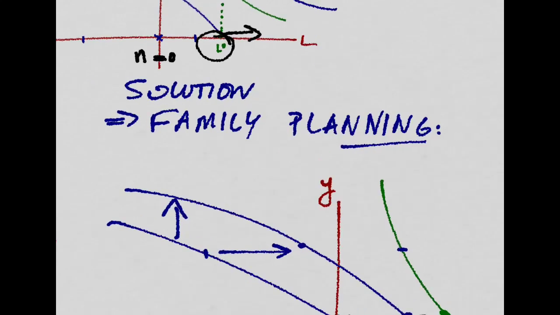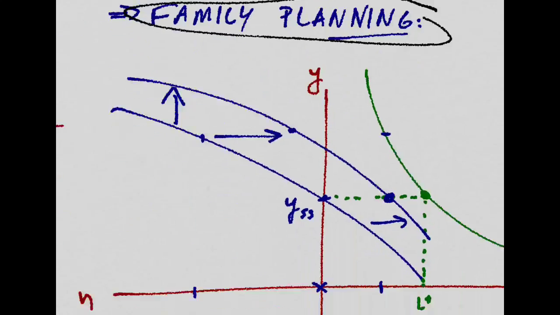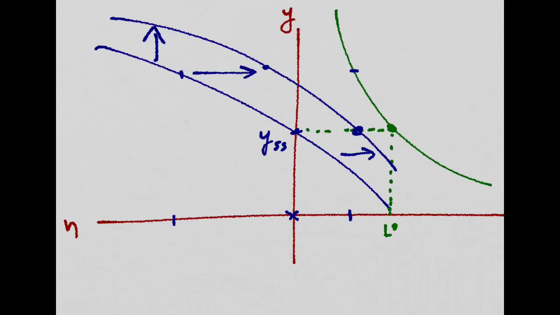So, as we mentioned before, the Malthusian solution is to have family planning. With family planning, what happens is that for the same amount of income, you're able to have less population growth, because people are controlling themselves and having fewer children.